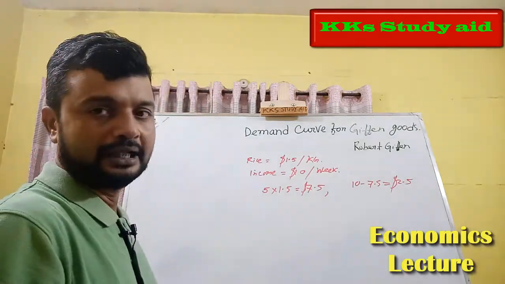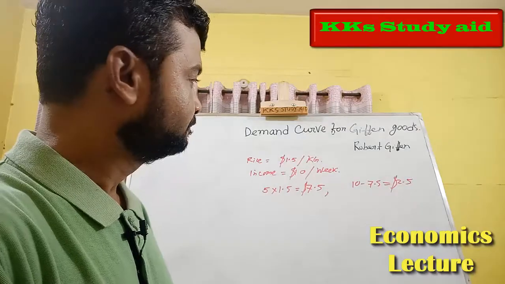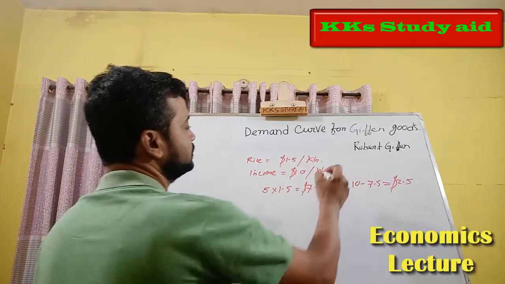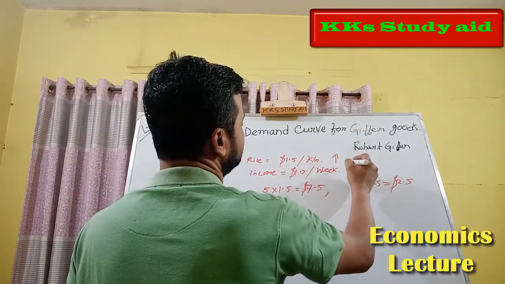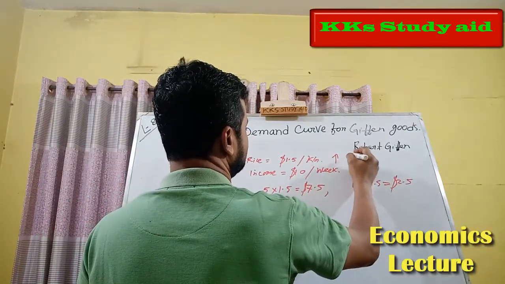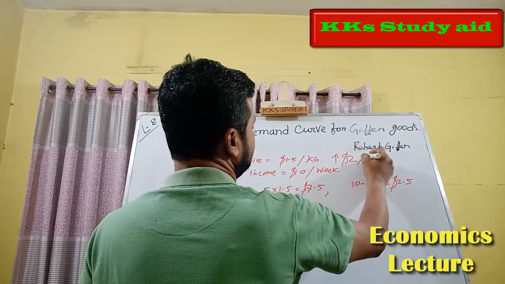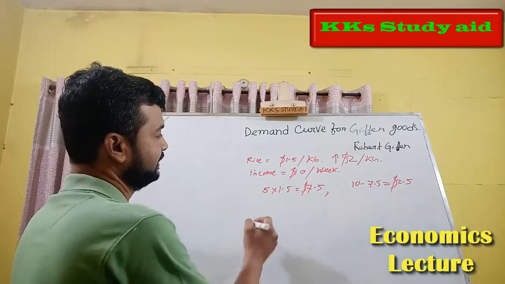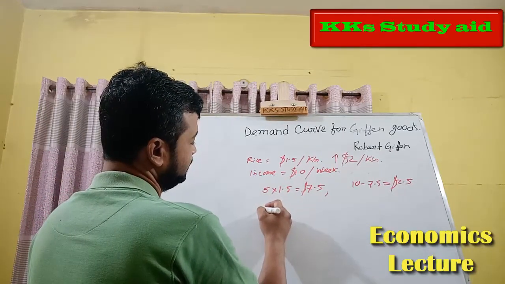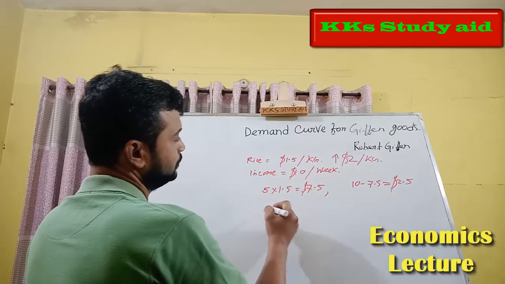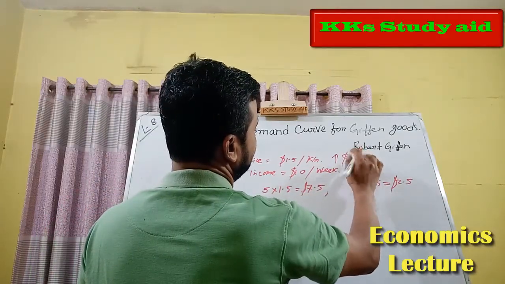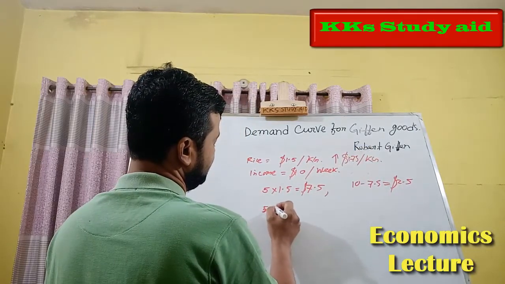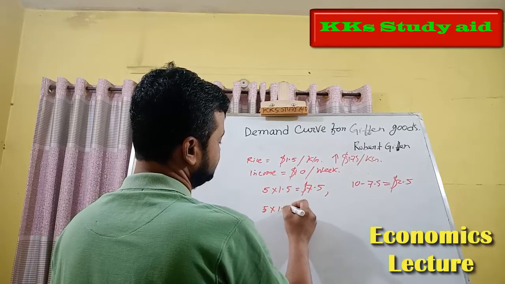Now, what will happen when the price of rice increases? Say it goes up to $1.75 per kg. See the matter. Now he will need 5 into 1.75.